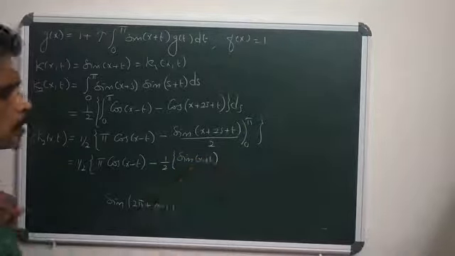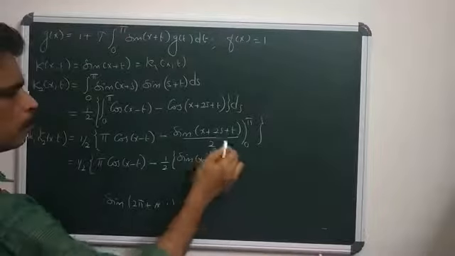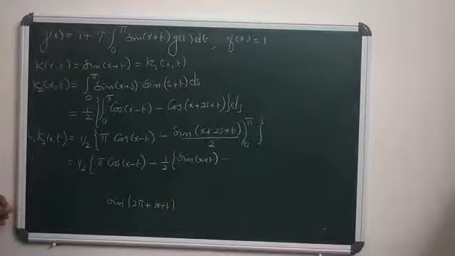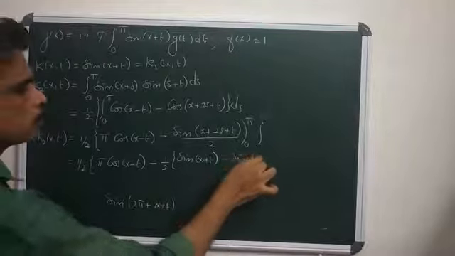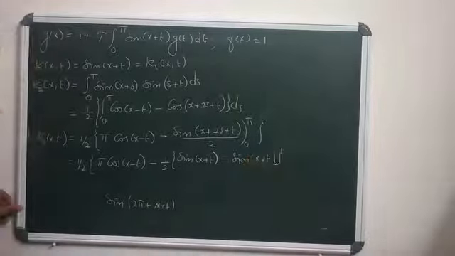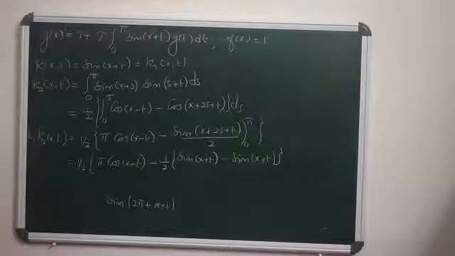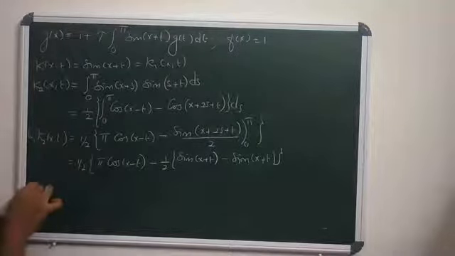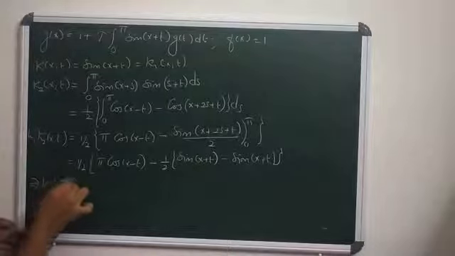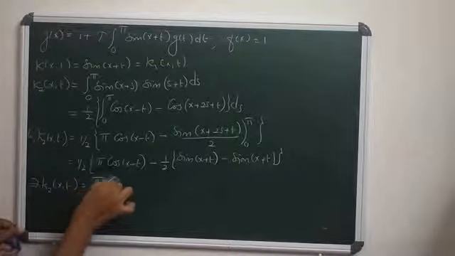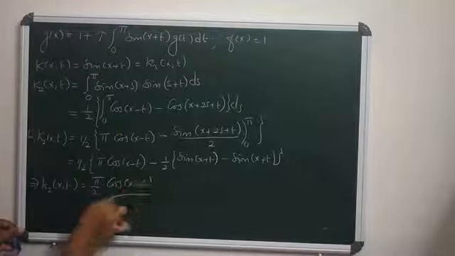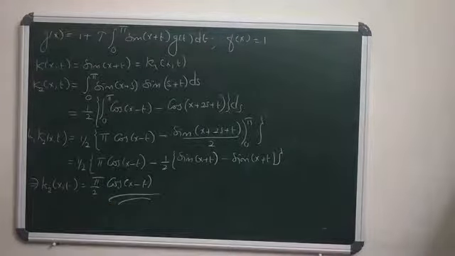At 0 it is minus sin(x plus t), so they cancel each other. What remains is half of pi cos(x minus t). So k2(x,t) equals pi by 2 times cos(x minus t).